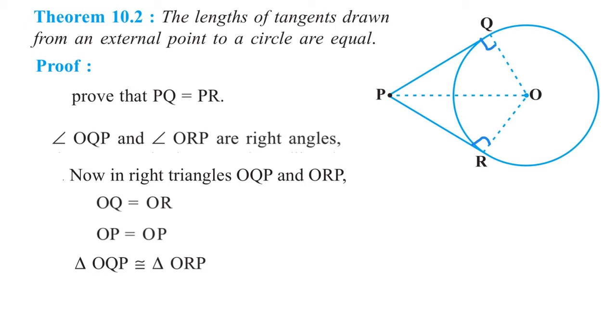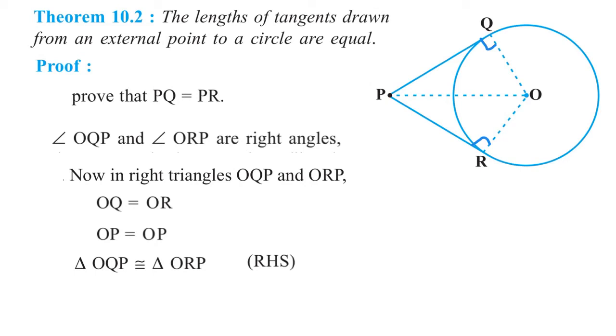How? Remember the theorem you studied in your lower grades, that in a right angle triangle, if the hypotenuse and one side of the triangle is equal to the hypotenuse and one side of the other triangle, then according to the RHS theorem, the two triangles will be congruent.